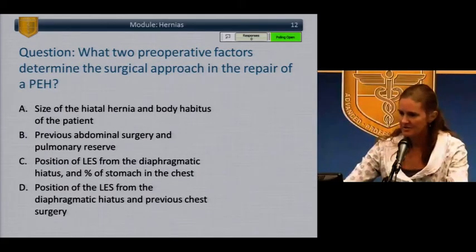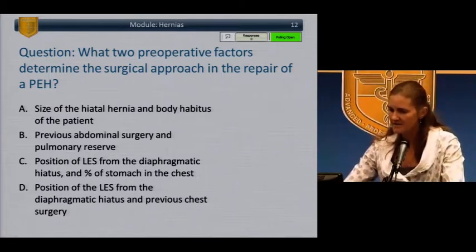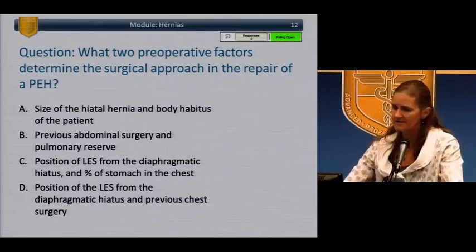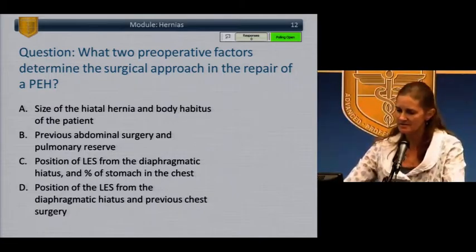And then the last question, what two preoperative factors determine the surgical approach in the repair of a paraesophageal hernia? A, the size of the hiatal hernia and the body habitus of the patient. B, previous abdominal surgery and pulmonary reserve. C, position of the lower esophageal sphincter from the diaphragmatic hiatus and the percentage of the stomach in the chest.